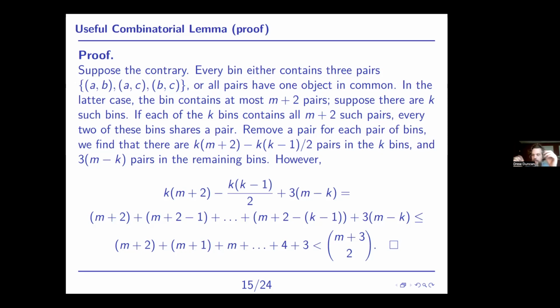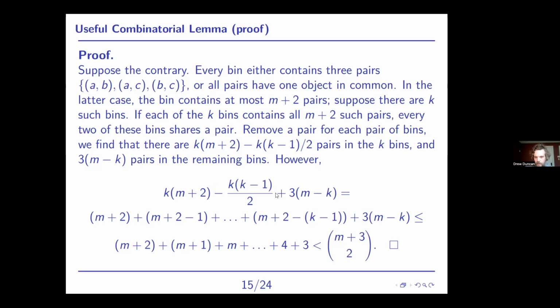So AB will appear in both of these bins. So we're going to remove one pair from each of these pairs of bins, and that gives us k times (m plus 2) minus k choose 2, or k times (k minus 1) over 2, pairs in those k bins, and the remaining m minus k bins contain 3 pairs.